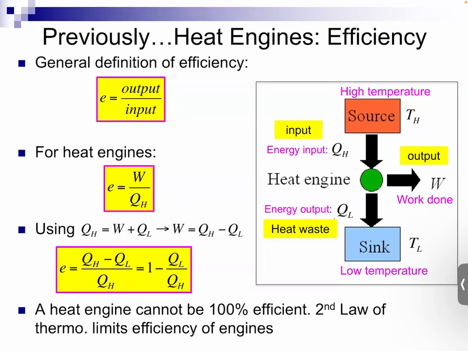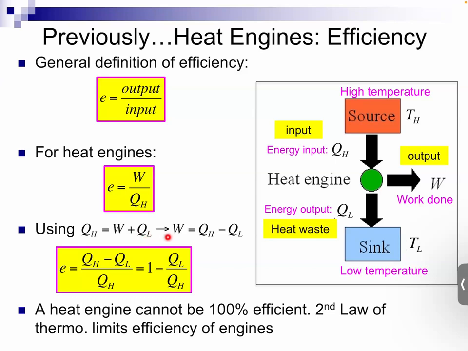And then we use the conservation of energy, which says that whatever energy is input into the heat engine, meaning QH, should total the energy going out of the heat engine, which is the work done and the heat waste. And so you have this relationship. The input energy from the hot reservoir is equal to the work plus the heat waste to the cold sink.